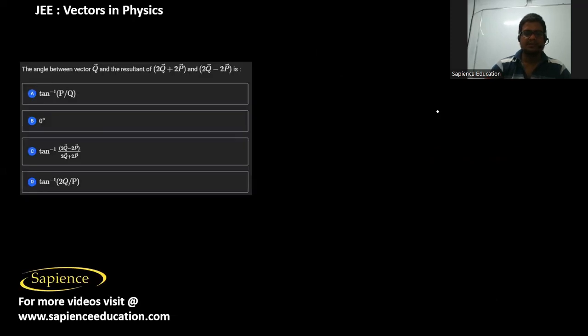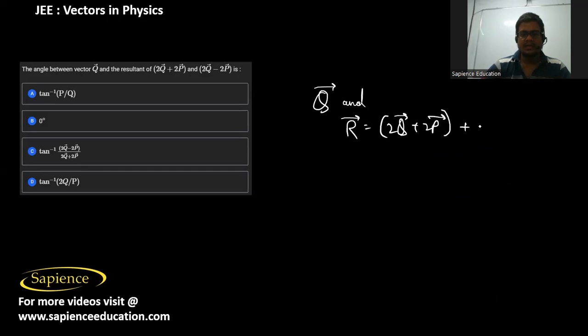So here we shall start with the very first question onwards. It is told that we need the angle between the vector q and the resultant of 2q plus 2p and 2q minus 2p. If we add them, the 2p will cancel, and we will get 4q vector.